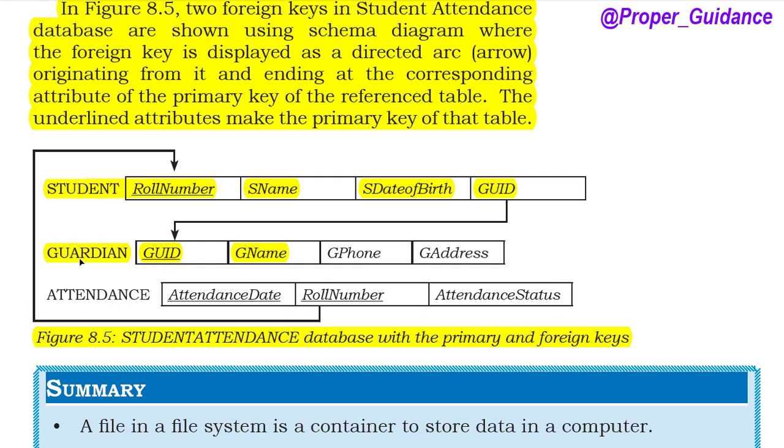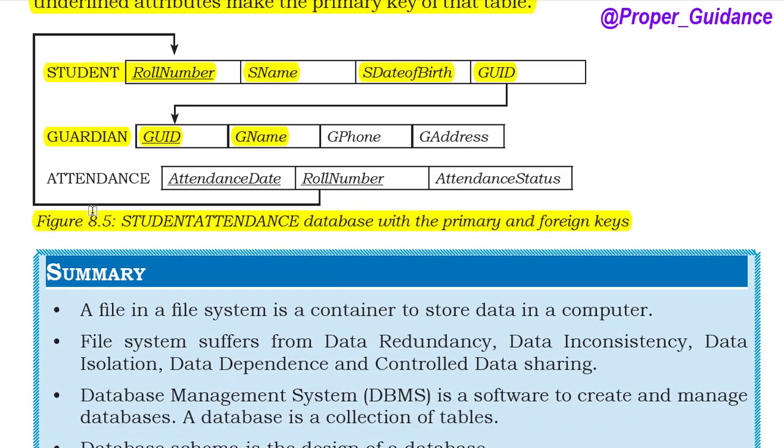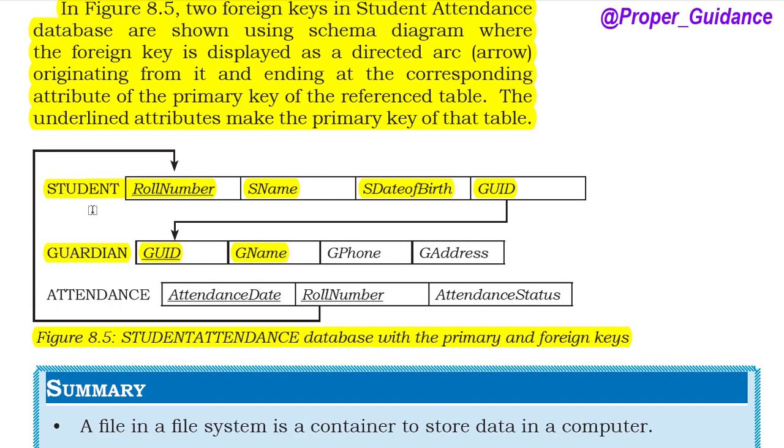GUID is the primary key of the guardian table, and GUID is another key in the student table also. So, this is a foreign key. GUID is a foreign key in the student table, as well as roll number is a foreign key for the attendance table. Okay, so this is all about key concepts in the database system.